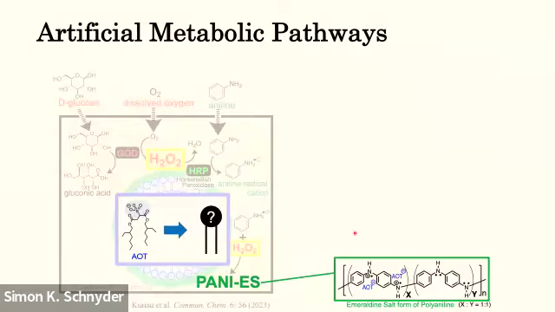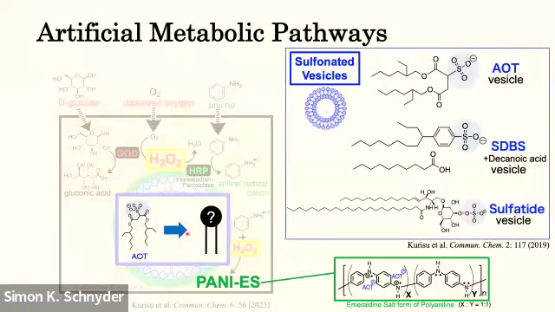And the interesting point is that when we replaced the vesicle-composing molecules from AOT to other molecules, for example, they are all sulfonated membrane molecules, such as AOT, or SDBS surfactant molecules coupled with another supporting membrane structure, or sulfatide molecules.